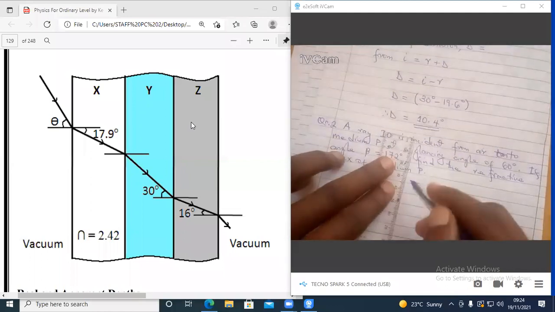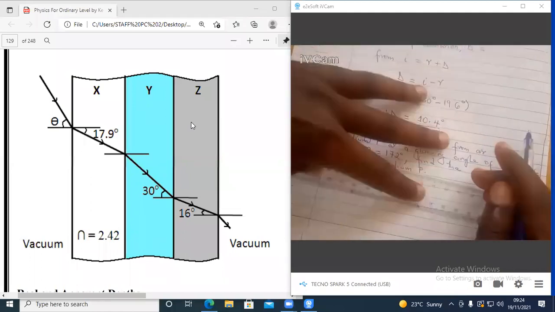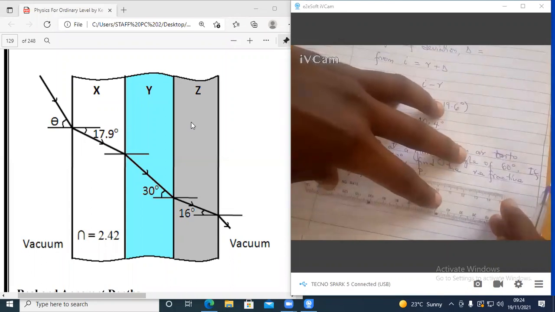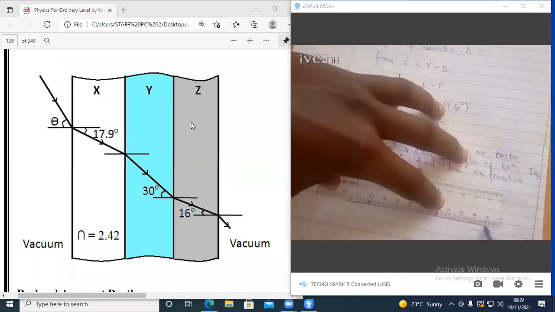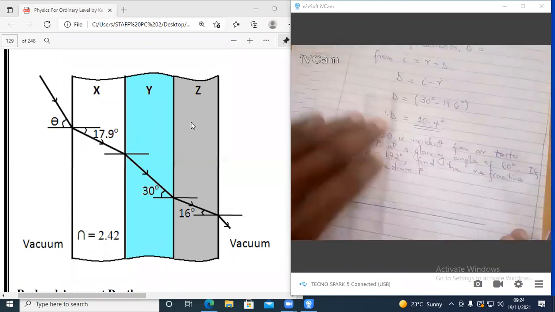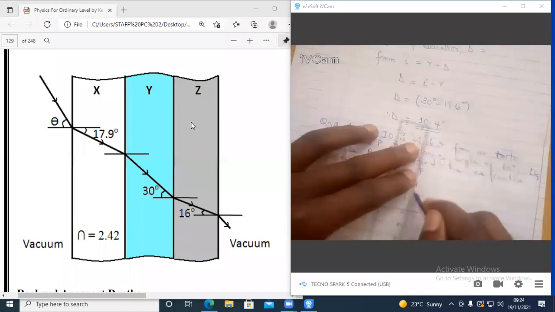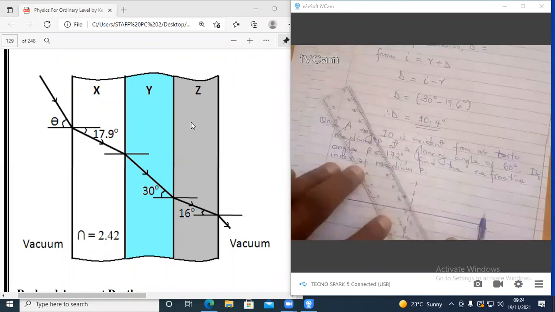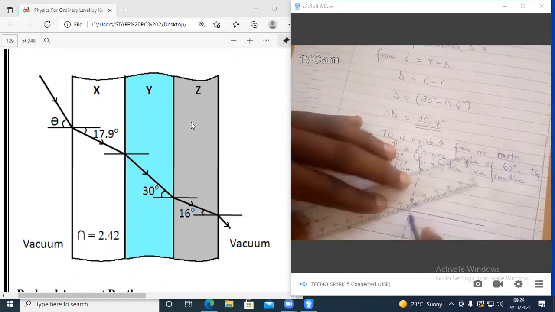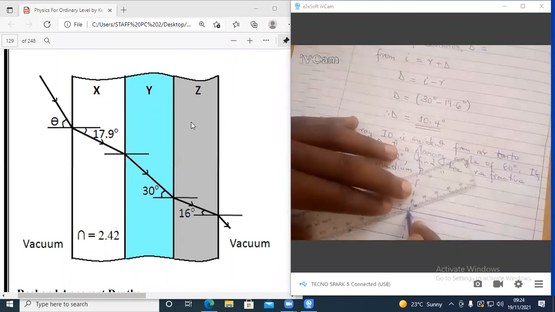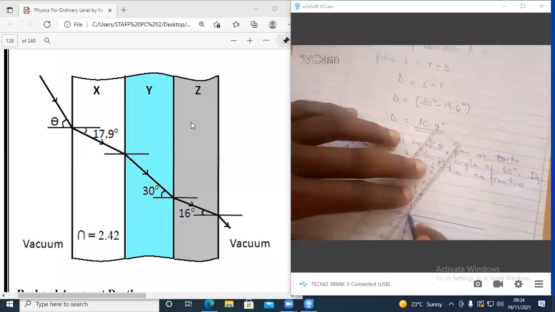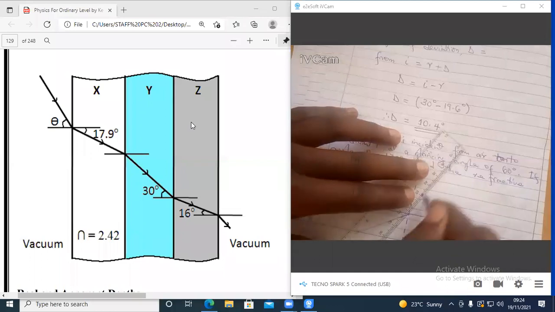Let's have a sketch of it. So this is the refracting boundary. Then there's a normal line here. We say normal line must always be dotted because it's an imaginary line. It's not real. Then from here it is refracted like that.